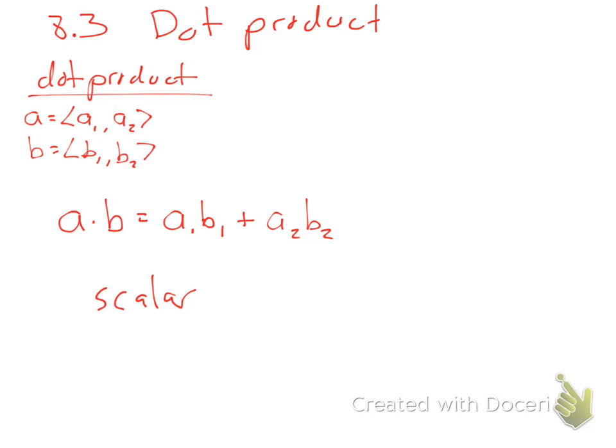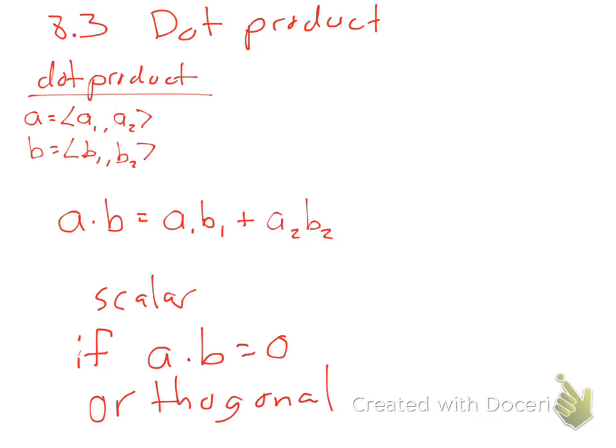We also want to talk about that if A dot B equals 0, then we would say that our vectors are orthogonal. Orthogonal. Fancy word for meet at 90 degrees, or aka they are perpendicular to each other.